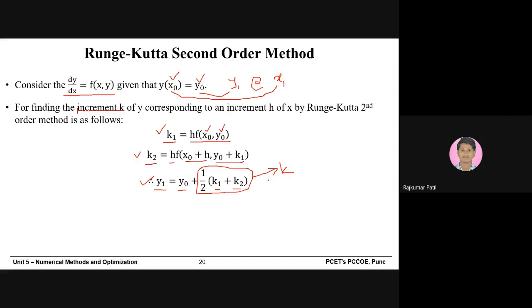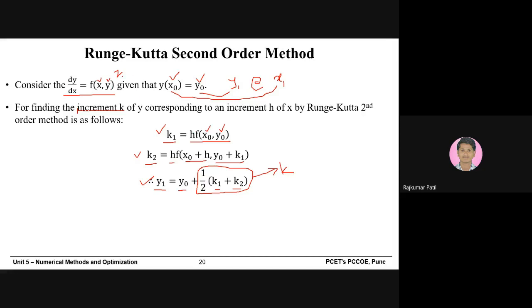So this is the method how to calculate the value of y for a given value of x using Runge-Kutta second order method. In this method, one interesting thing is that there are only two variables, x and y. Now sometimes a question may be asked in which, along with x and y, there will be one more term, that is z.